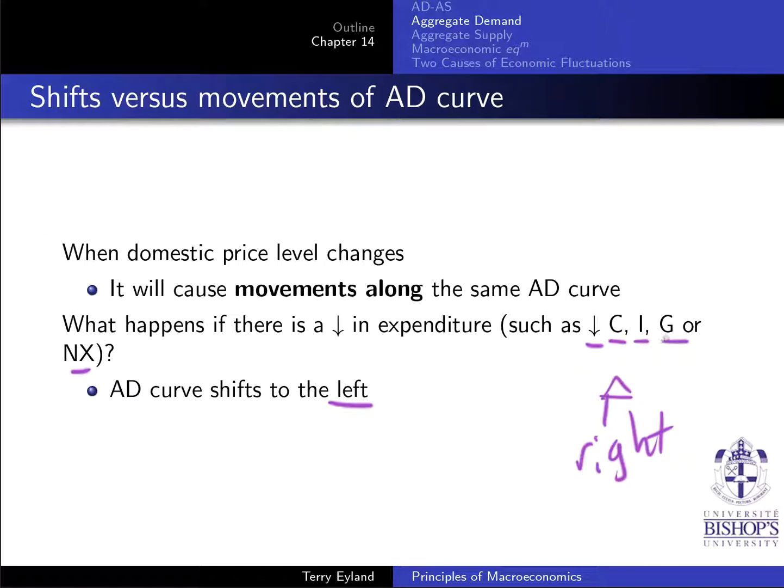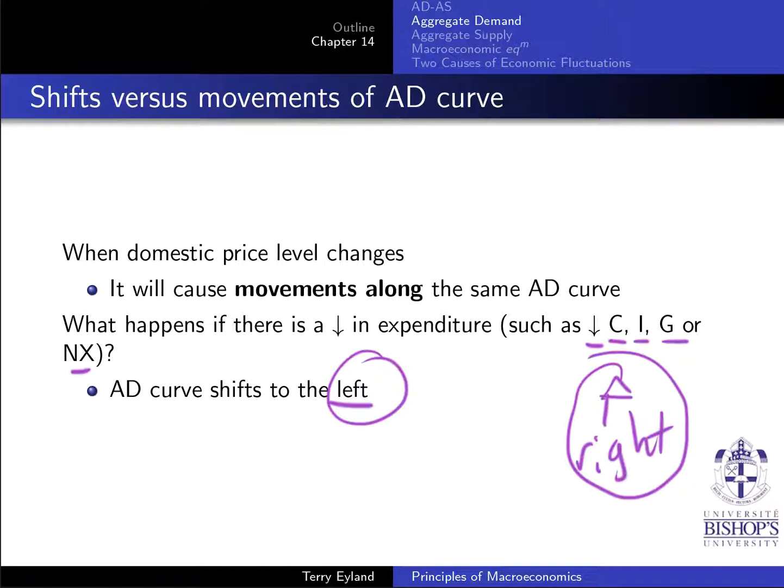So it all depends. But just think that if at a given price level there is a general decrease in one of these and the others don't change, or a few of them are decreasing or a few are going up, if they're decreasing, it's going to go left. If they're increasing, it's going to go right.